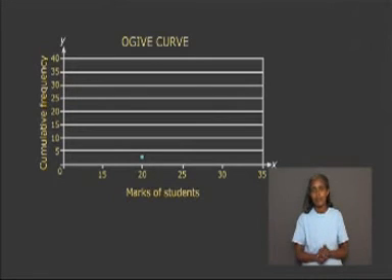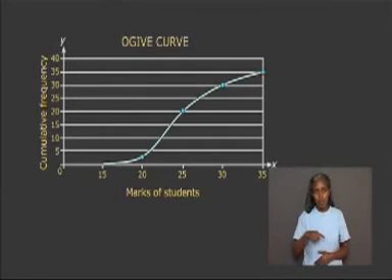The first point is plotted at 3 for frequency and 20 for value. The next point is plotted at 20 for cumulative frequency and 25 for value.